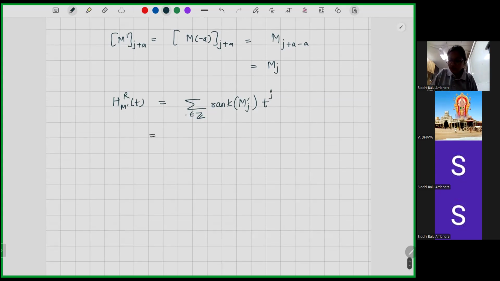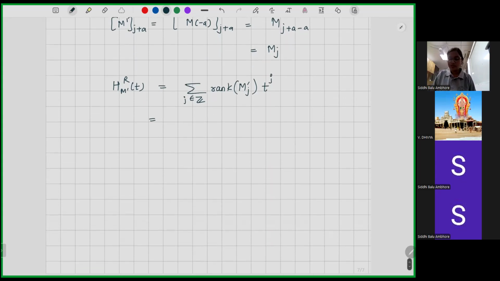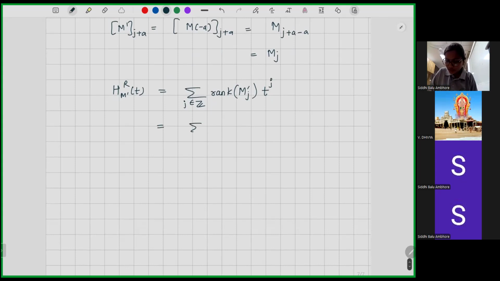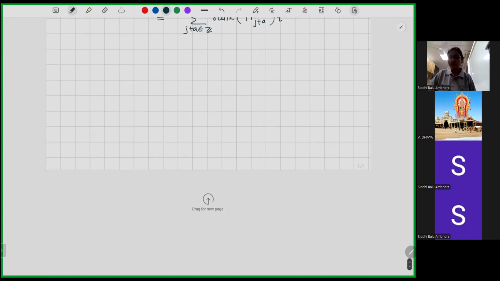But instead of J, I can change the variable and take J plus A in Z, and nothing will change much. So, the rank of M dash J plus A, t power J.